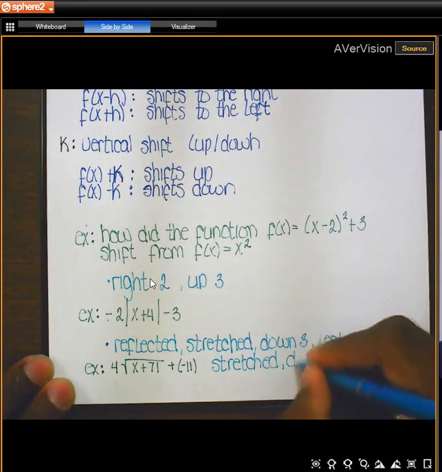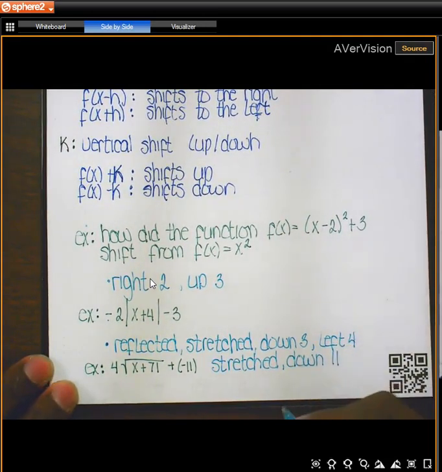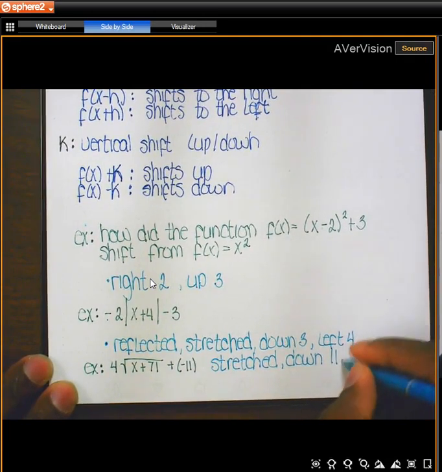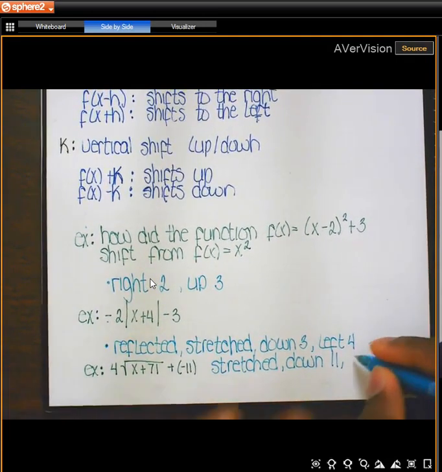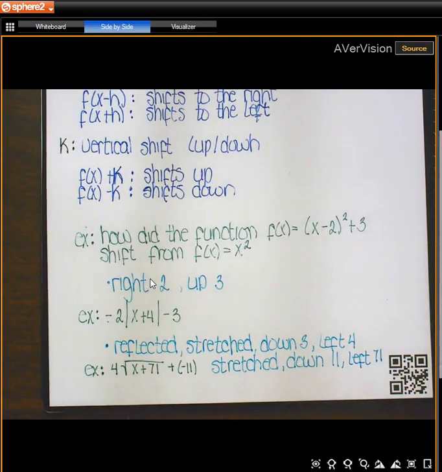Yes, down 11. Yeah, left 71. So even though there's a plus here, this plus negative 11 is the same thing as saying minus 11.